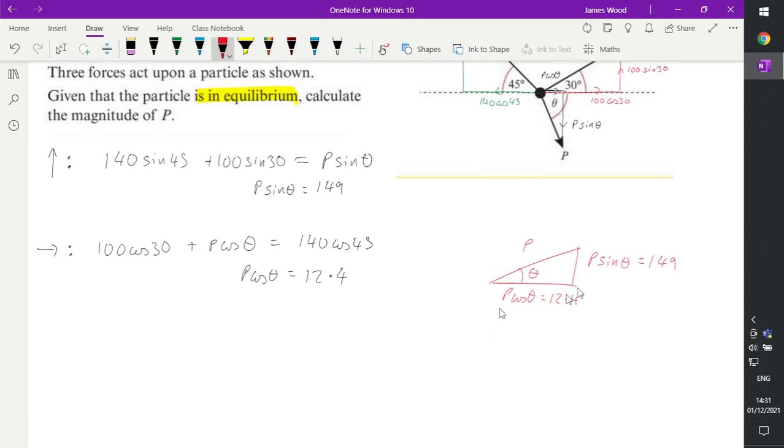So to work out P, I can just do Pythagoras of the two sides. So P is 149 squared plus 12.4 squared, square rooted. So it's going to be, well, not much bigger than 149, is it? So how about 149.5?